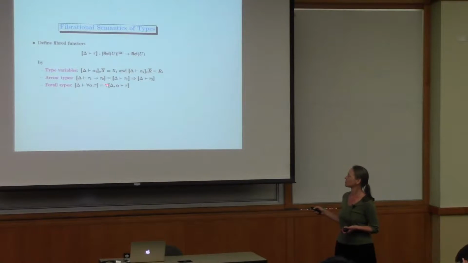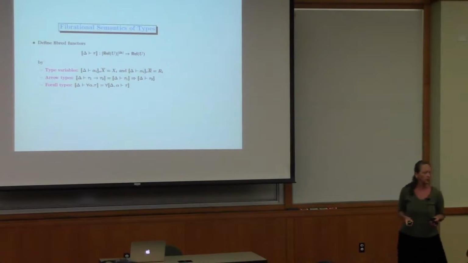This is something that maps functors to functors. So the interpretation in delta comma alpha of tau is a fibered functor. And my for all is going to map that fibered functor to a new fibered functor. And that new fibered functor is the thing I'm going to take as my interpretation of for all alpha tau, but in a slightly smaller context, right? Okay. So for all, you might remember from last time, maps fibered functors to fibered functors.